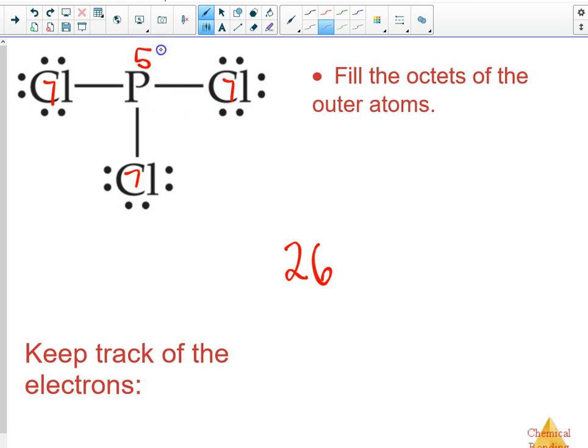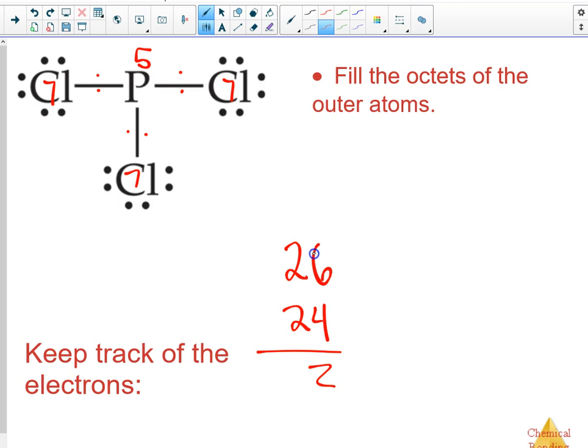Okay. Now, count up how many we've used. It's fairly easy because there's 2 here, right? So there's 8 around all 3 of these, correct? What's 8 times 3? 24. So I've used up 24 electrons so far. I have 2 left over, which is nice. This one's very simple to do.